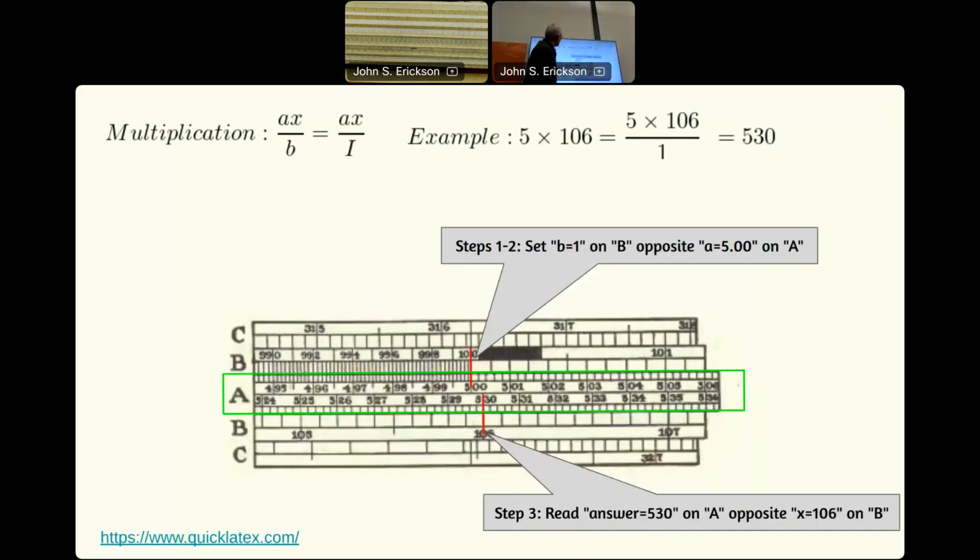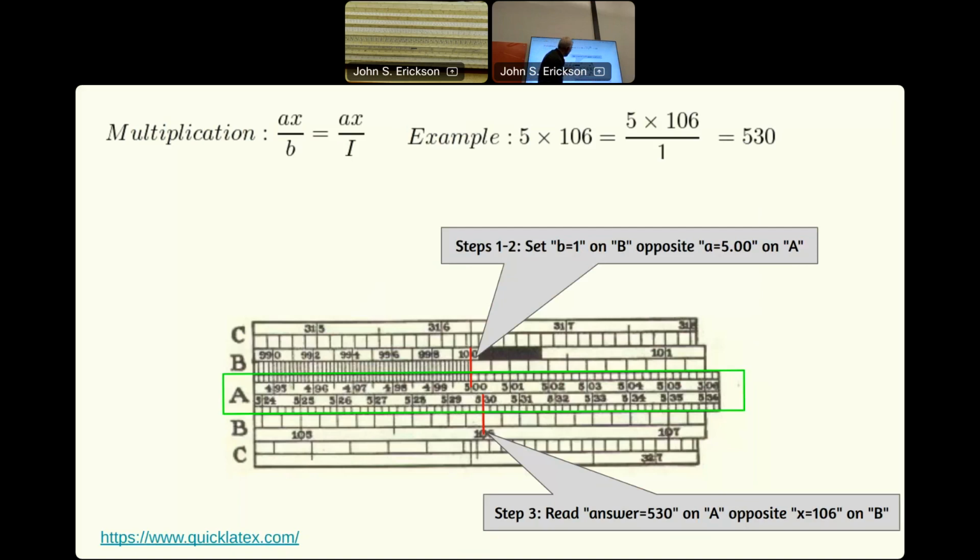And this is kind of a condensed version of that. If we look at how we do 5 times 106, using his nomenclature, you're kind of solving this equation. You find this B with the black mark, and you position your 5, or remember I said it could be 5, it could be 550, it could be 500, depending upon what you want to have.